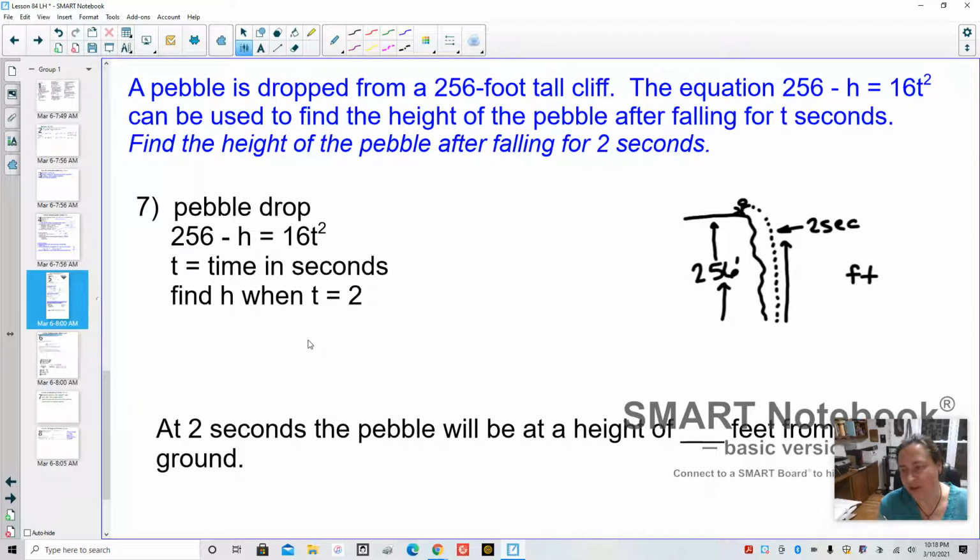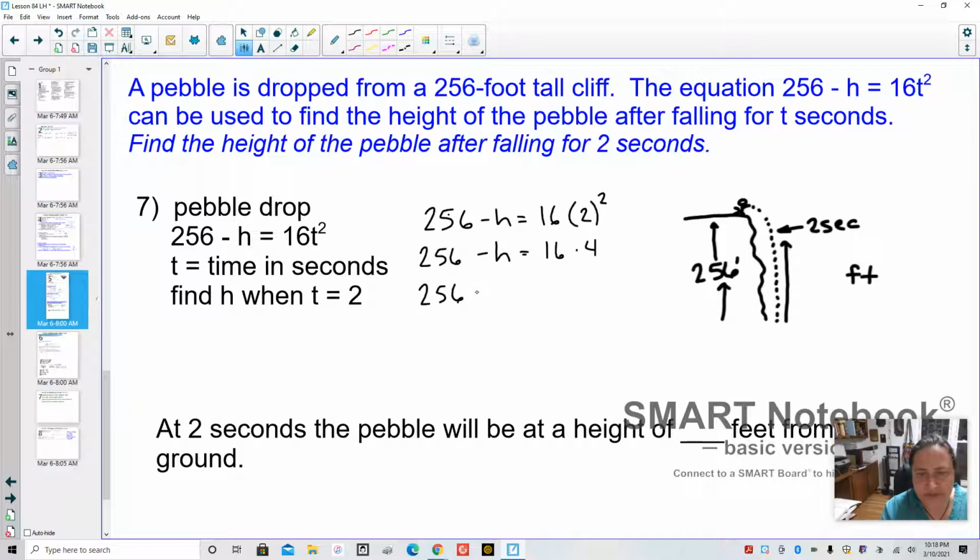So I'm going to go 256 minus h equals 16 times 2 squared. That's 256 minus h equals 16 times 4. 256 minus h equals, let's see, 4 times 6 is 24, carry 2, that's 64. Then I'm going to subtract 256.